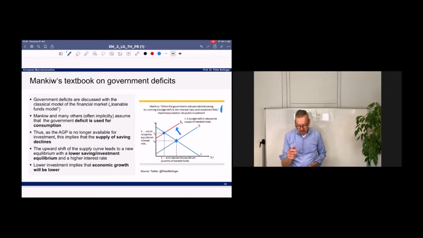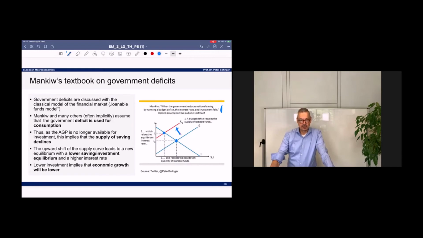You only have to change the assumption a little bit, and the key change that is required is to assume that the government uses the funds that it raises on the capital market not for consumption but for investment. And this is also a more realistic idea, and especially relevant now for the next few years, as we have governments that have huge needs for public investment, also for infrastructure.